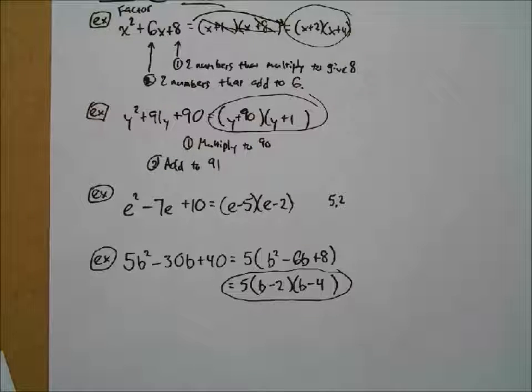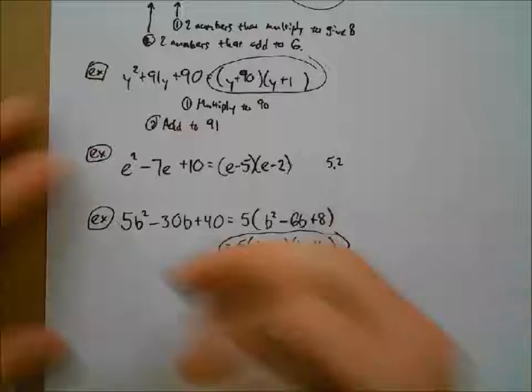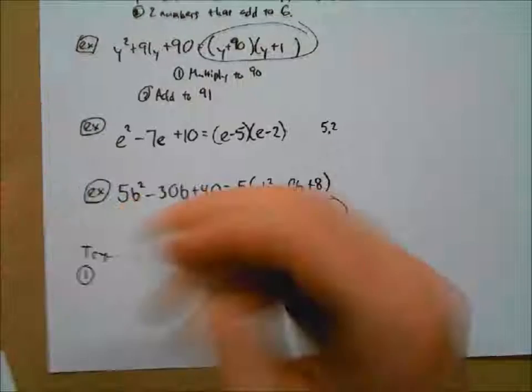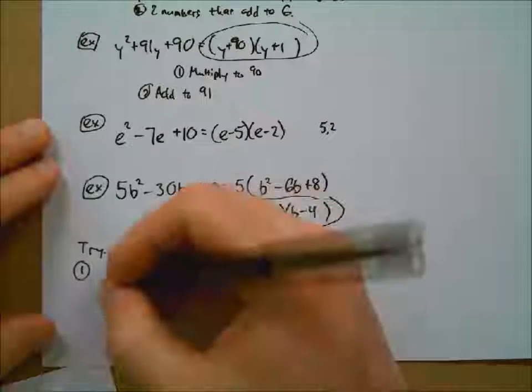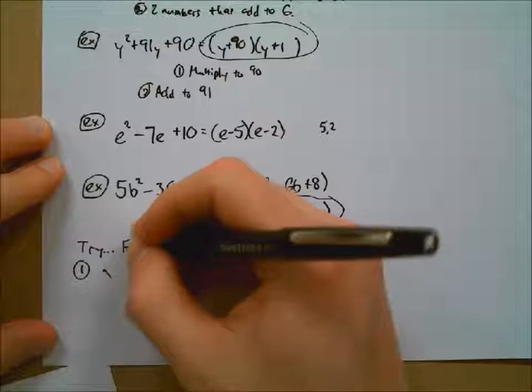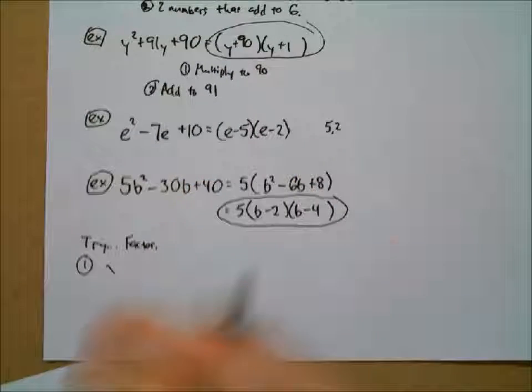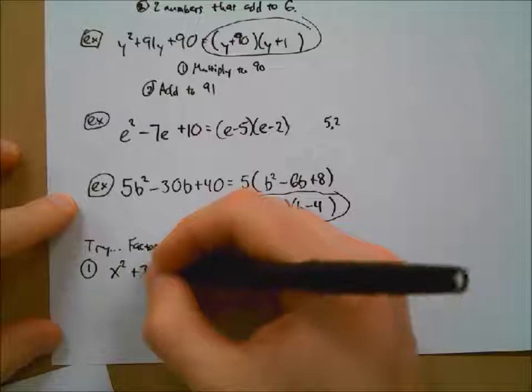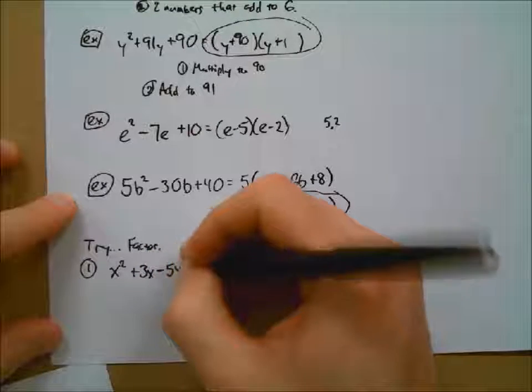All right, you guys ready to try one on your own here? Try two on your own maybe. All right, so you guys try these. Again, factor is your directions. Let's say x squared plus 3x minus 54.